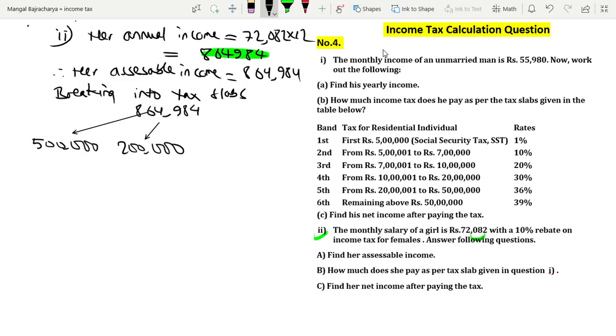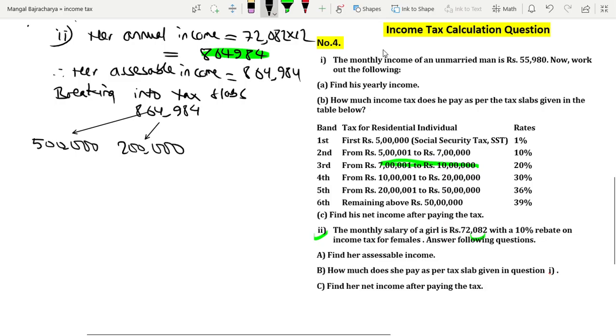And now the third slab says 7 lakh 1 to 10 lakh. So under this category there lies an amount of 3 lakh rupees, is it? And that much amount she is not holding as a taxable amount, so it falls under this third slab. What excess amount after 7 lakh is there, right?